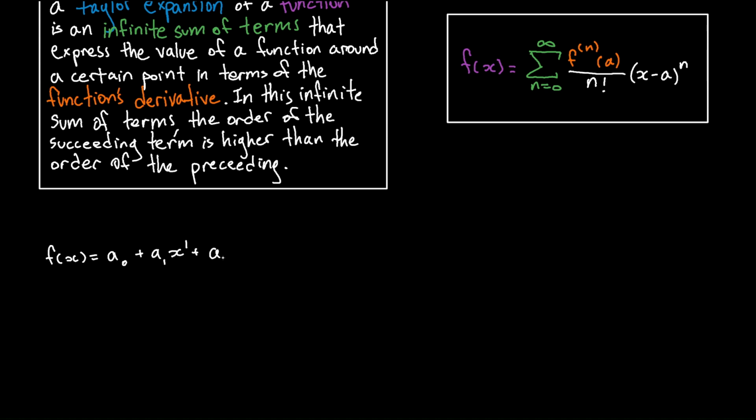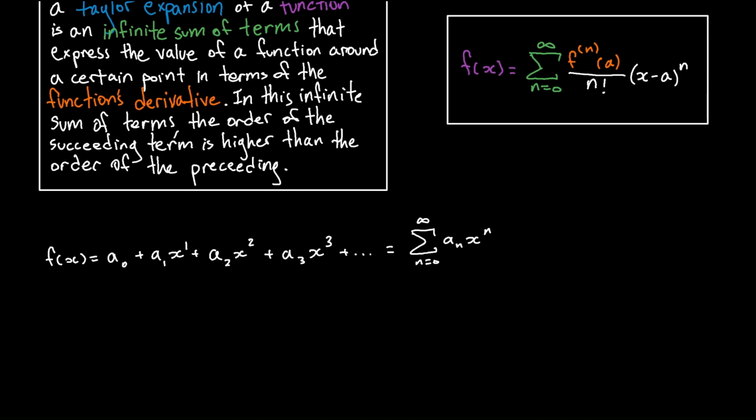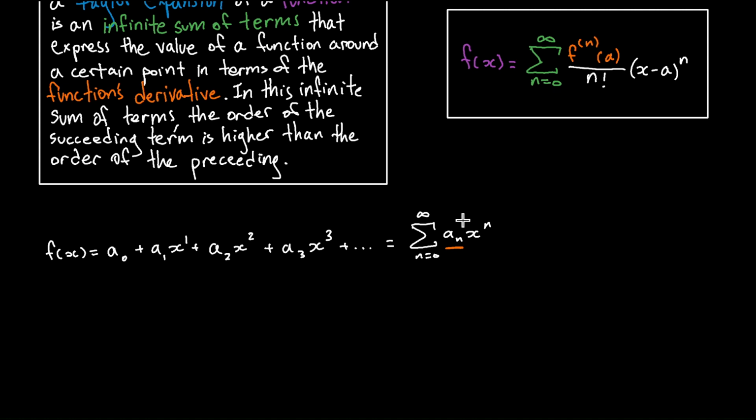In other words, a naught plus a1 x plus a2 x squared plus a3 x cubed, on and on to infinity, or the sum from n equals 0 to infinity of a sub n times x to the power of n, where we want to describe a sub n as some expression relating the nth derivative of our function f.